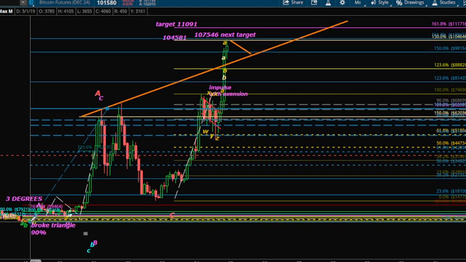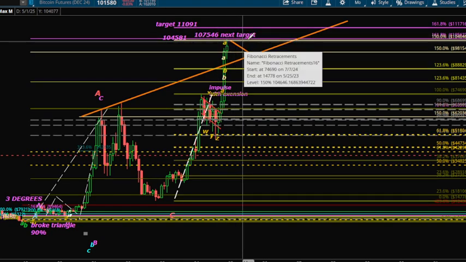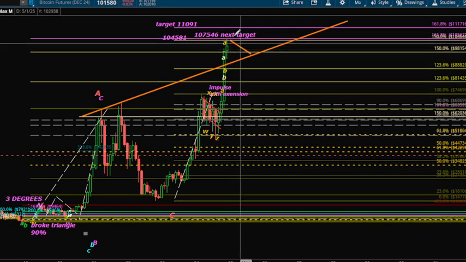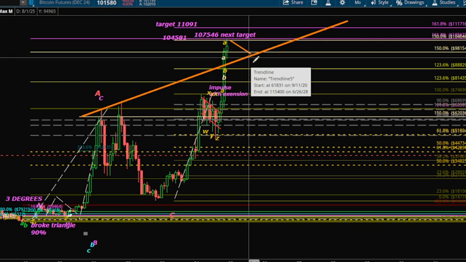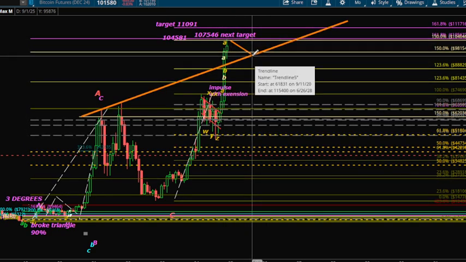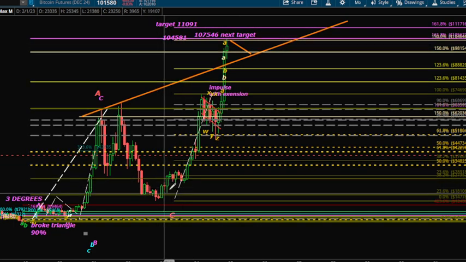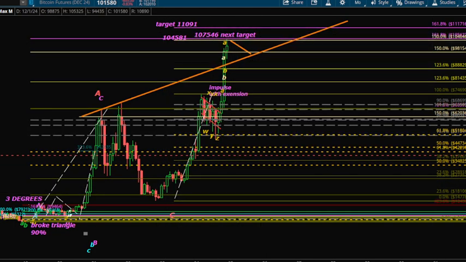Where's that at? 31, right? Those two overlap, and when they overlap, that's usually telling me we're going to have some type of reaction. So it's definitely possible that we could retest that trend line, and then that's one move. We just count this whole thing as 1, 2, and then we're moving higher. So then that would be a massive leg higher.